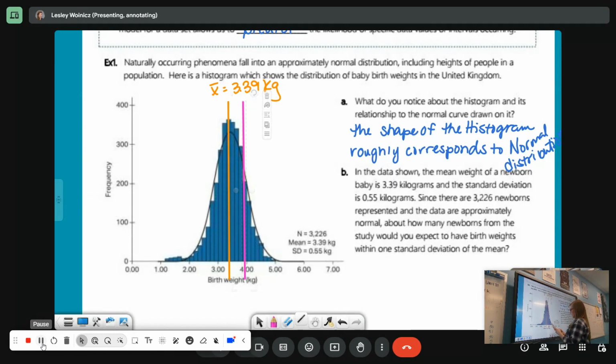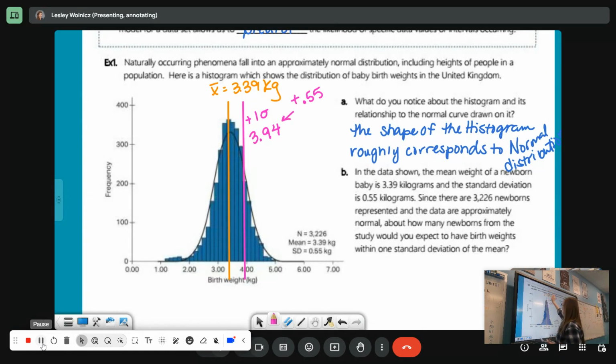And then if we subtracted the 0.55, we would get, this is plus 1 standard deviation, and it is at 3.94. So we took our mean, we added 1 standard deviation, which was plus 0.55, and we got this amount.